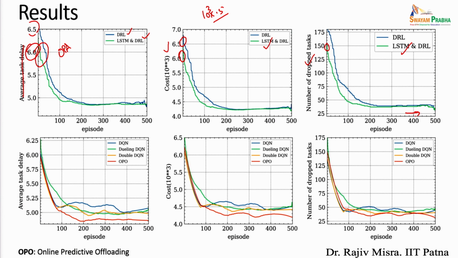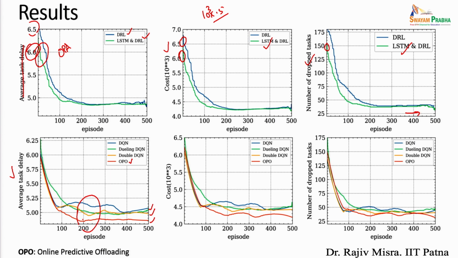Now, here you can see the average task delay if you compare with that online algorithm, and if you compare by applying double DQN and dueling DQN, you will find that the average task delay is quite improved in this particular case.